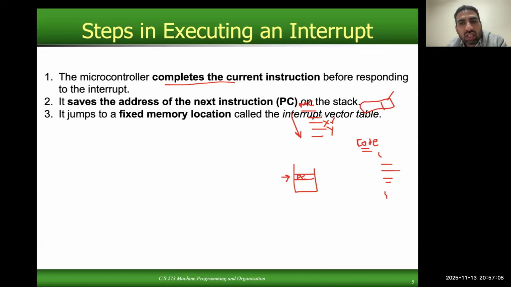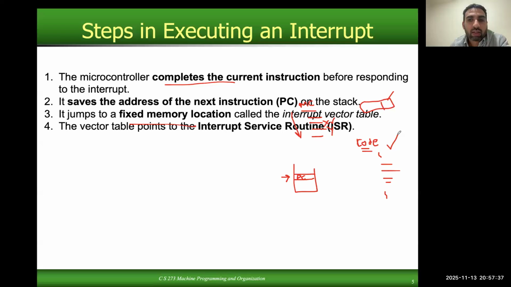Don't worry about the interrupt vector table name for the time being. This third step only means that after putting the value of the program counter on the top of the stack, the microcontroller will go to a known memory location where you have the code written to take care of the overflow of the timer 0 flag in this particular example, and this code will start executing.